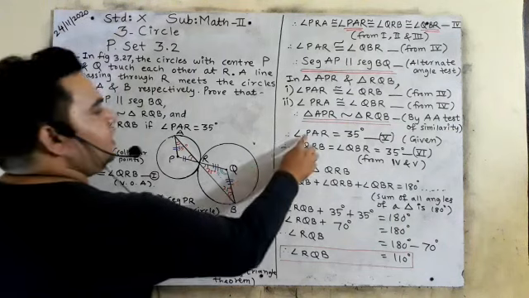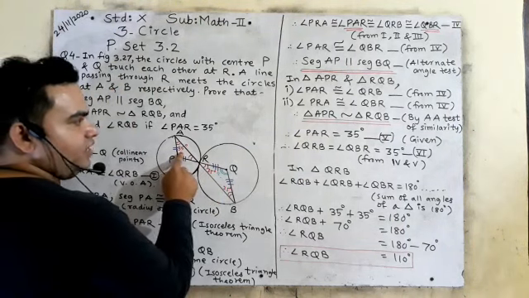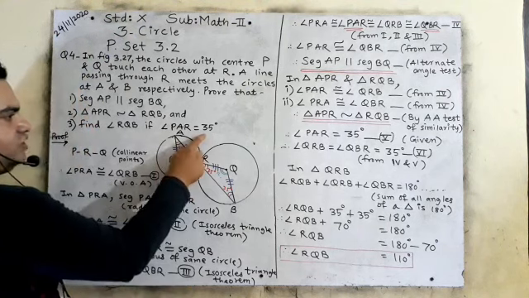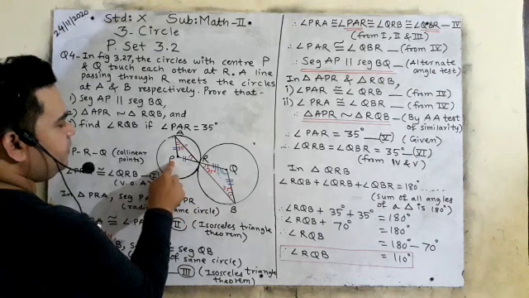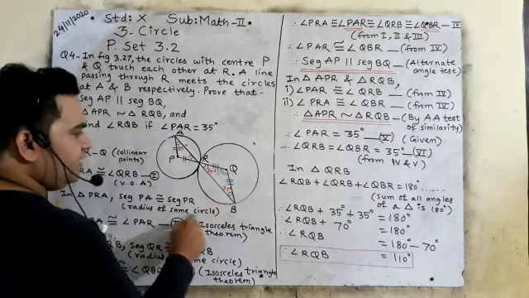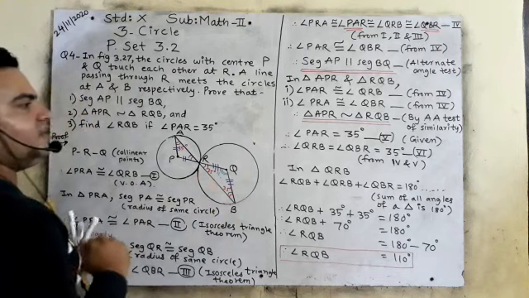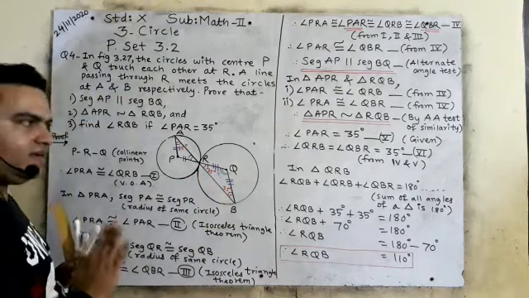Look here. Angle PAR is 35 degree, given in this question. Yes. Now we can say all these angles are 35 degree: PRA 35 degree, QRB 35 degree, QBR 35 degree. Yes, all will be 35, 35, 35, 35. Clear?